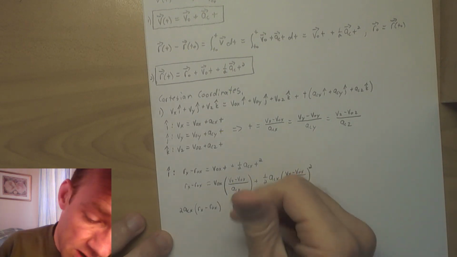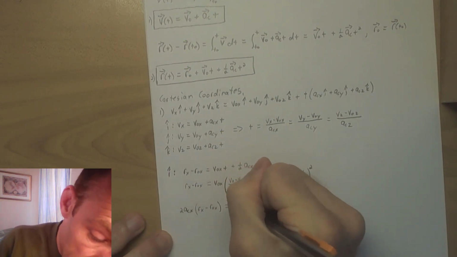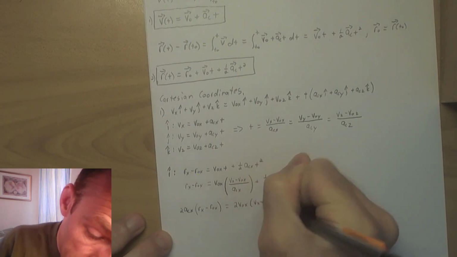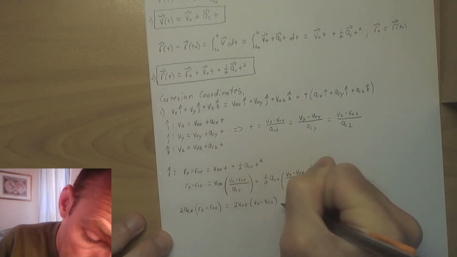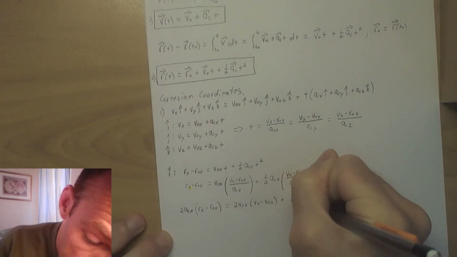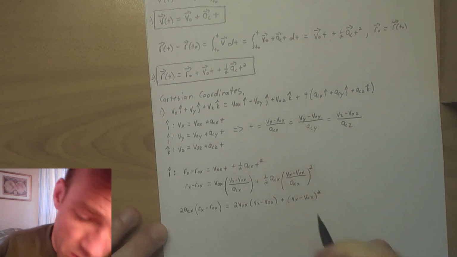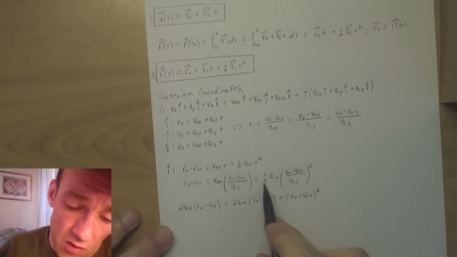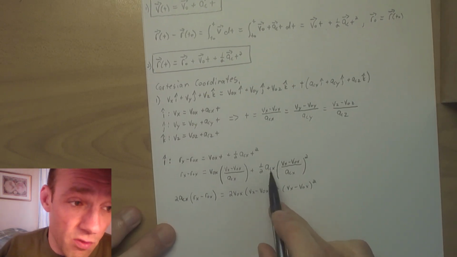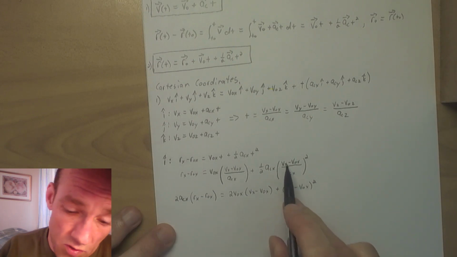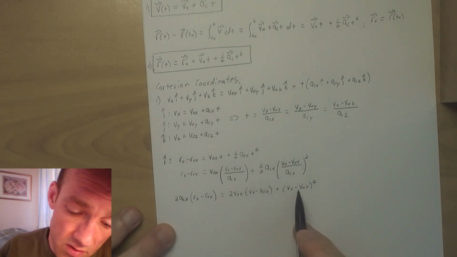So what I get over here: 2 times the acceleration, the half cancels, and I get acceleration squared, and that cancels with this acceleration squared, so I'm just left with the difference in velocities squared.